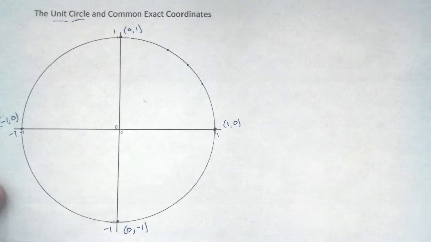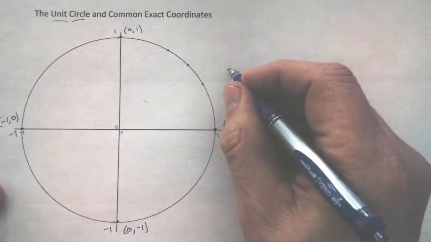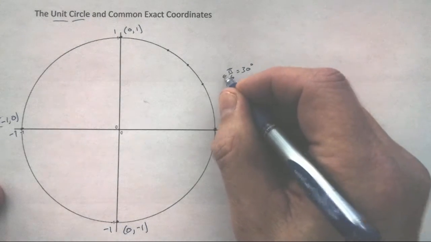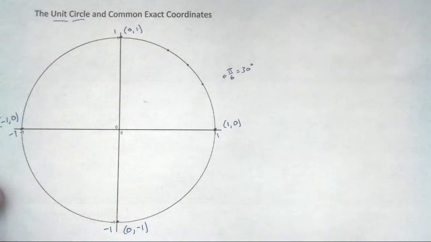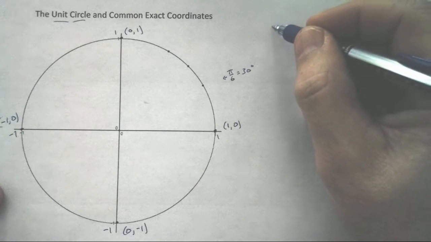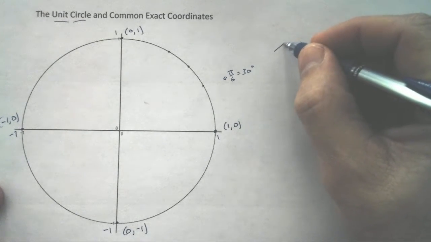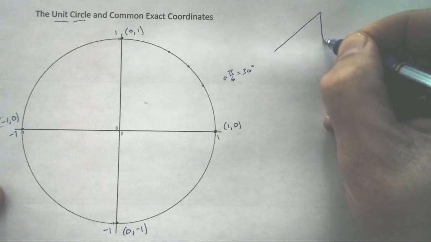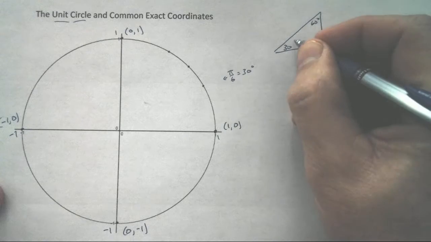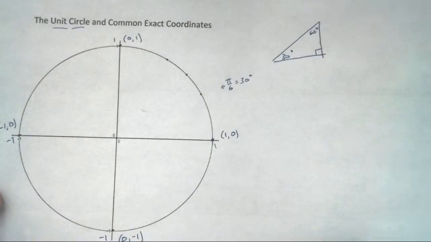But now let's talk about some of these others. For instance, at pi on 6, or 30 degrees right here, what's going on? So I'm going to go back to geometry days with this, and I'm going to use some space up here. Let's say we have a nice 30, 60, 90 right triangle.